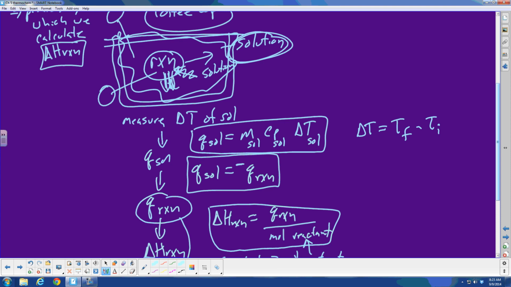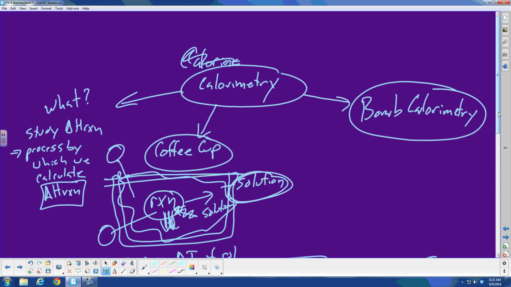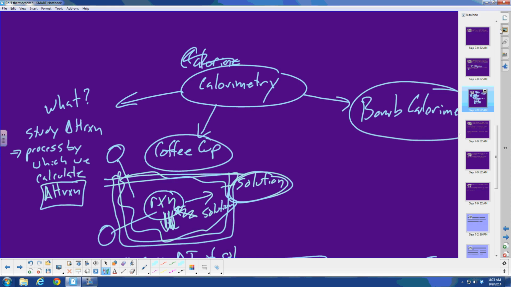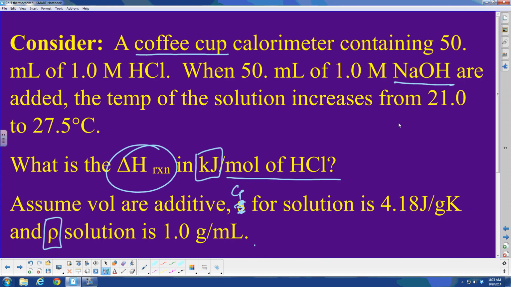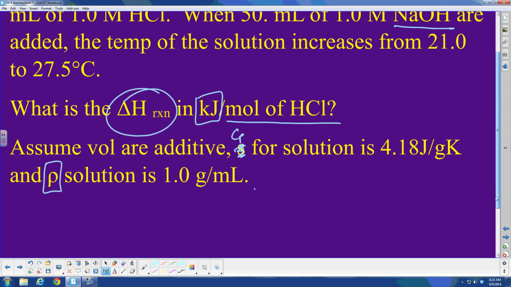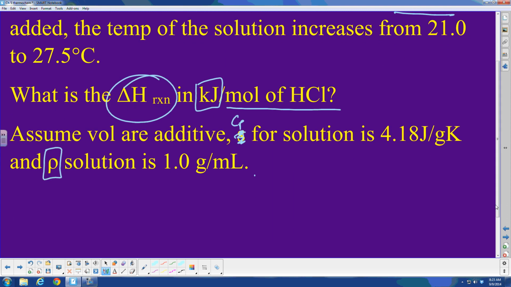Let's try this. Here we go. Let's go back and do the question. All right. So I have a coffee cup calorimeter. We're going to write this down here where I have lots of space. I like to draw a picture here. So I have a coffee cup calorimeter, and I've got a thermometer in here. And what does it say?